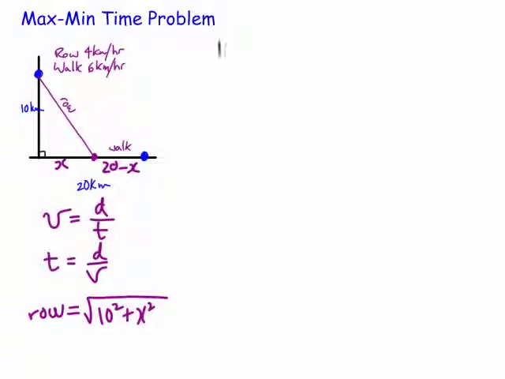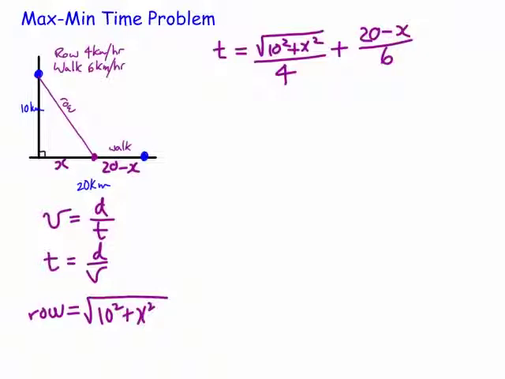The time for the rowing section would be the square root of 10 squared plus x squared on the velocity we're rowing at, and remember, we set that at 4. The distance we're going to walk will be 20 minus x, all over 6, so we're walking at 6 kilometers an hour. So this is a time function as a function of x.